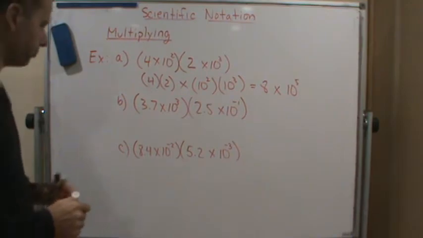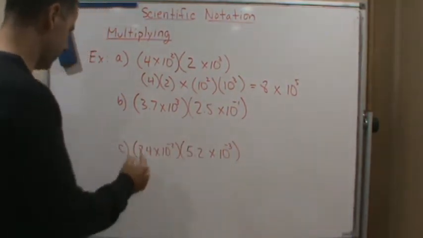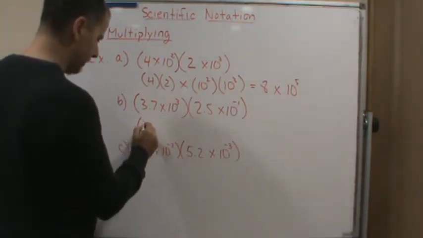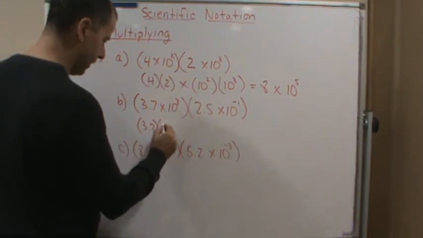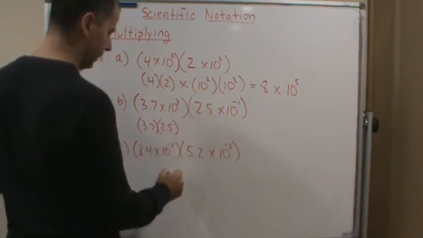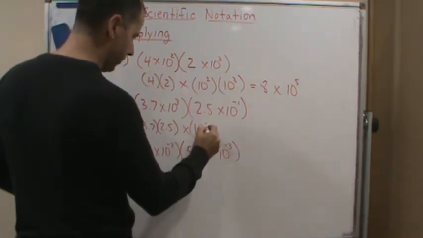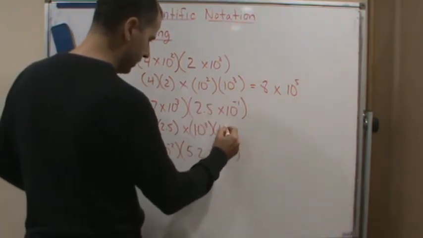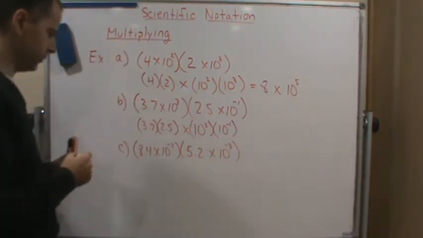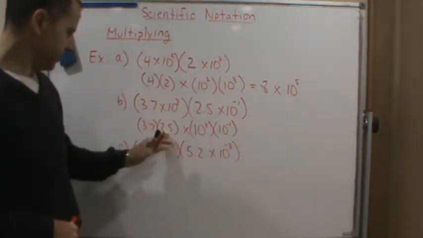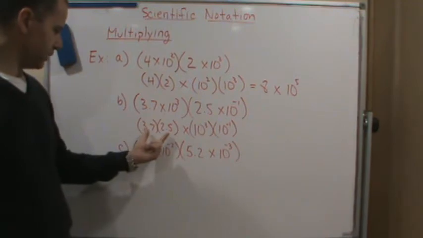Okay, now, what about this one? Same thing. Let's rearrange and write this as 3.7 times 2.5, okay, times 10 to the third times 10 to the negative first power. Okay, so now, again, I'm going to multiply these individually, so let's multiply this one.